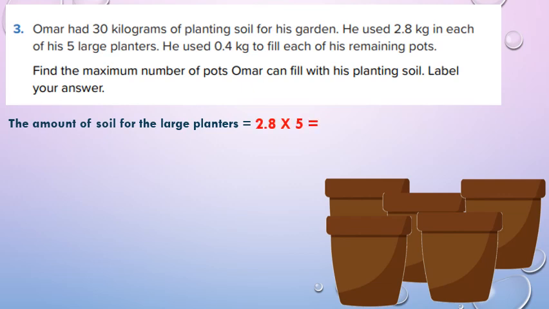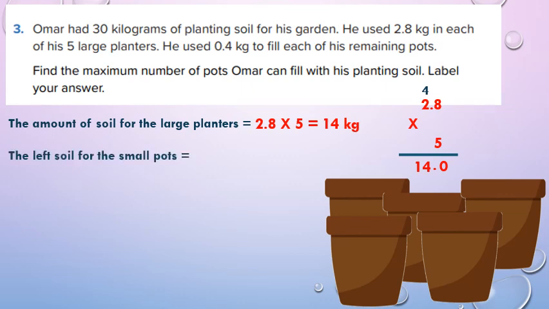2 and 8 tenths by 5. 5 by 8 equals 40. Here carry 4. 5 by 2, 10 plus 4 equals 14. The point after one decimal number. So he used 14 kilograms for the 5 large planters.